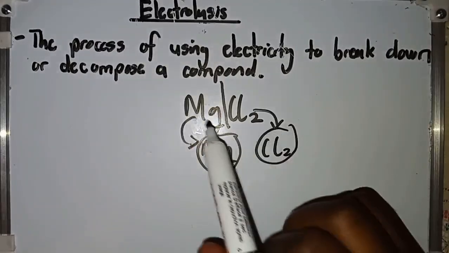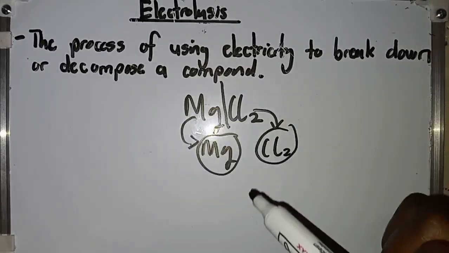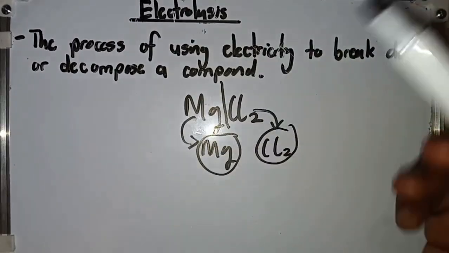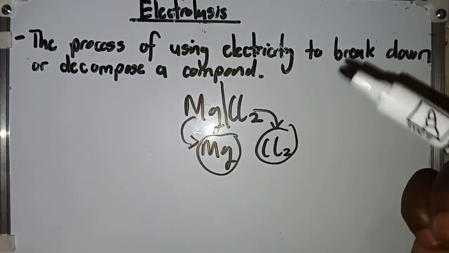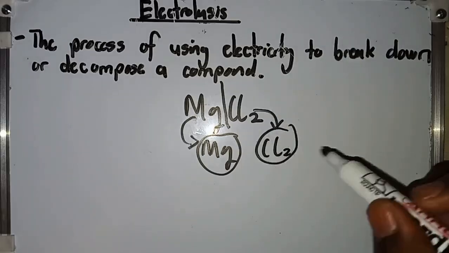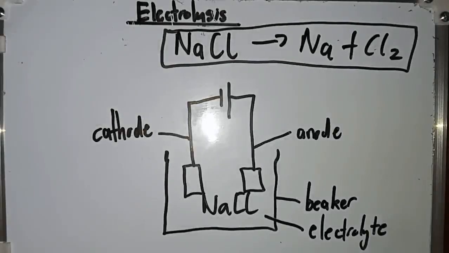It's used to decompose this compound into magnesium and chlorine. Depending on what compound you have, we're just splitting that compound. So this is how electrolysis works.